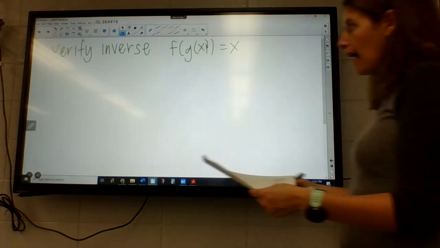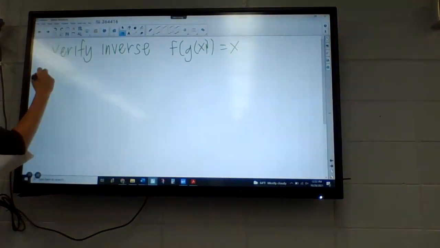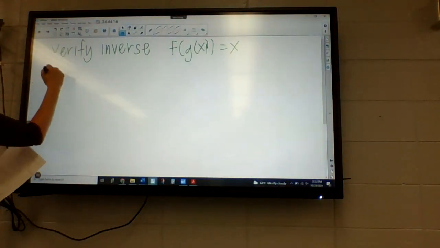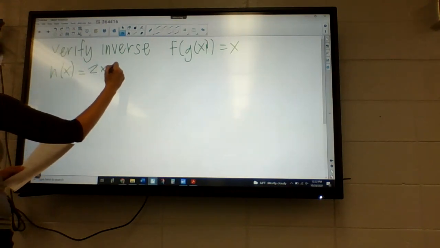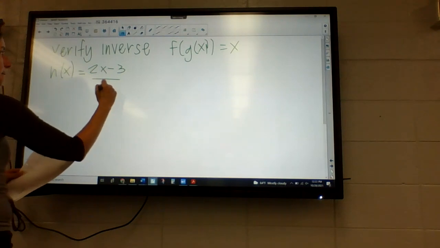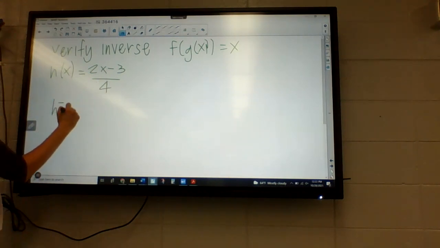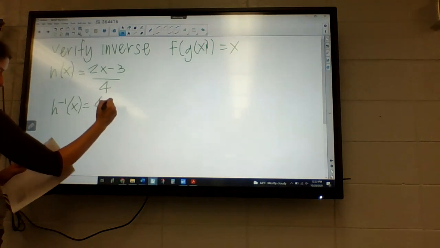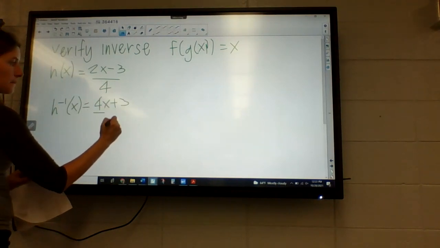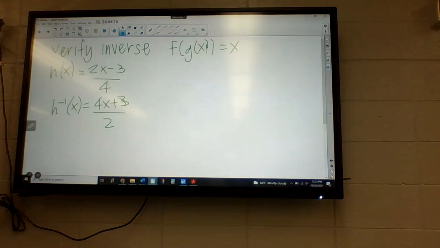So if I have my two functions here, we'll use my h of x here. We'll use number 6 to help us. So what we have to do is put h inverse into the original h.